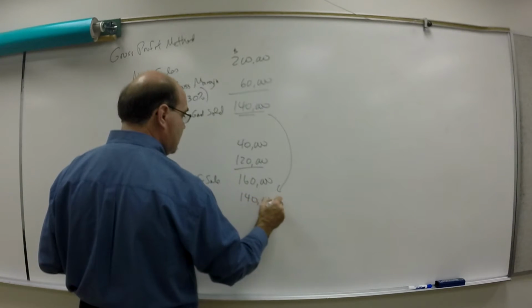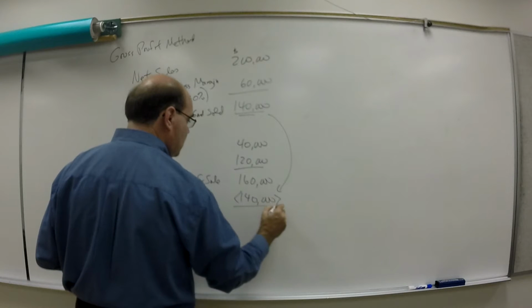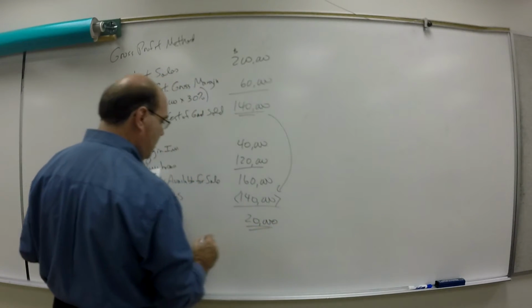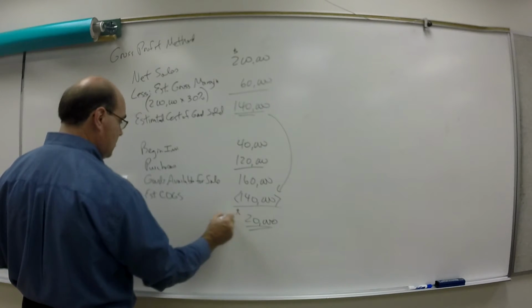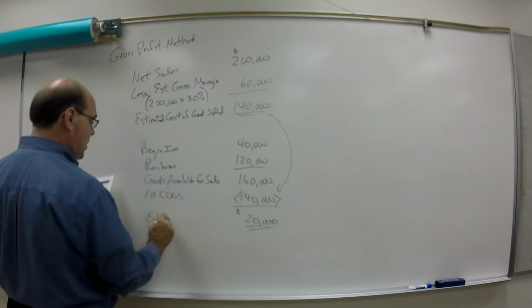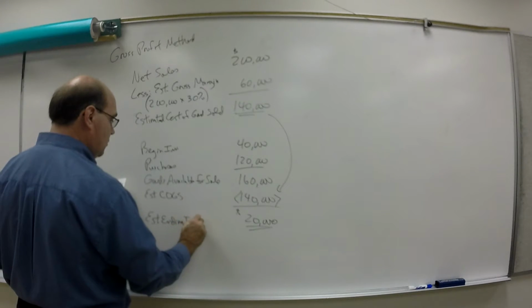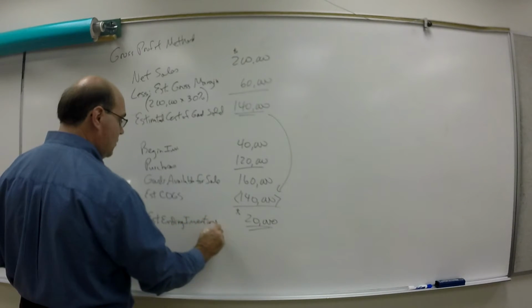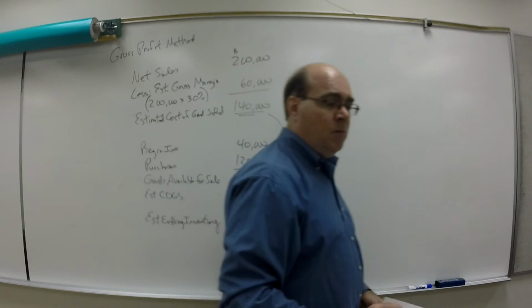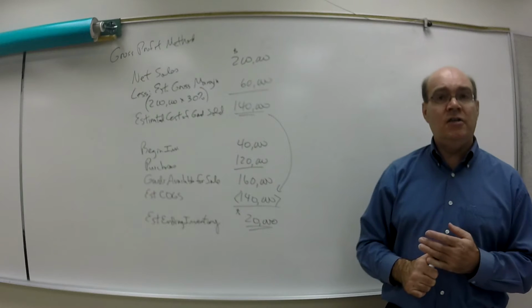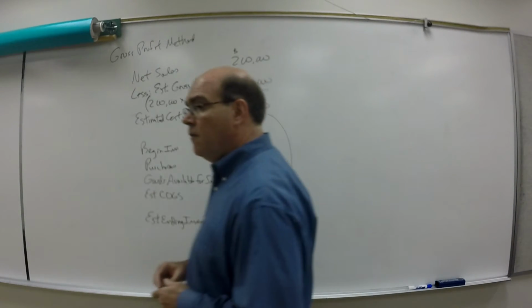If we had 160,000 available and we think we sold 140, then we must estimate that our ending inventory must have been about 20,000. So that's our estimated ending inventory. And so we can use that to make a claim against the insurance company policy, or to use that as an amount to deduct for our tax return for the loss.